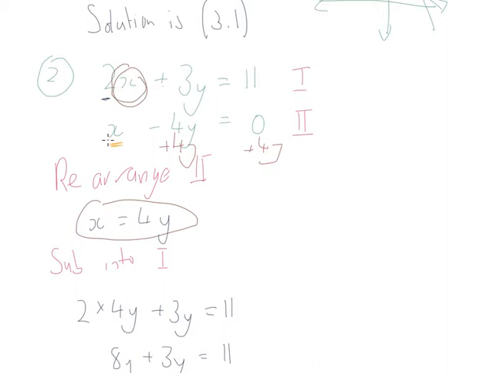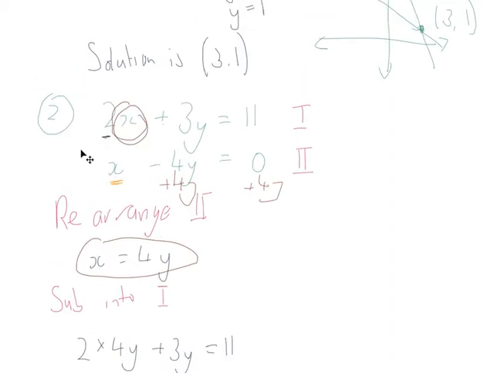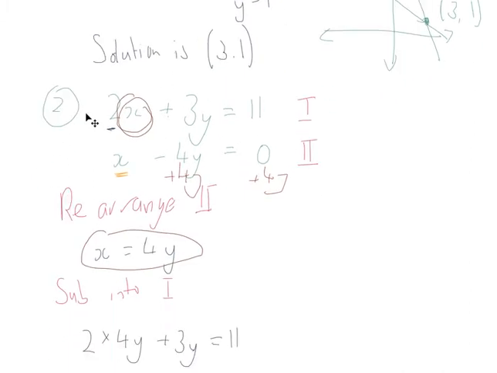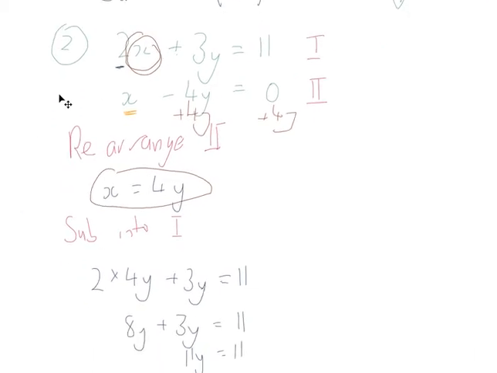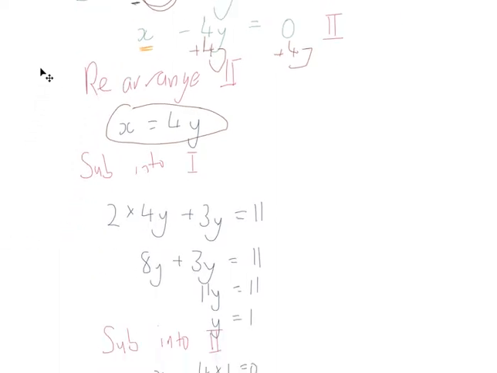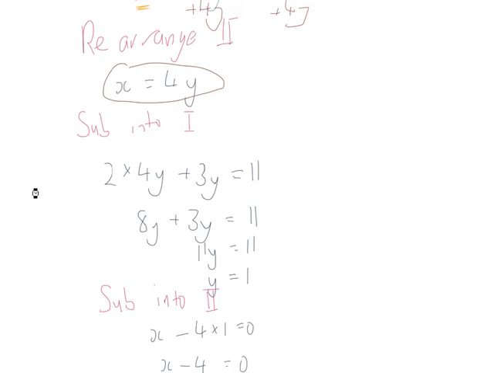Substitution is the more general method for solving simultaneous equations, especially for non-linear ones. These ones here are all linear, which is nice, but when you start doing non-linear, substitution becomes more important. For equations with squares, like quadratics, cubics, anything weird, substitution is the jam. Reduce it to 1 equation, 1 unknown.